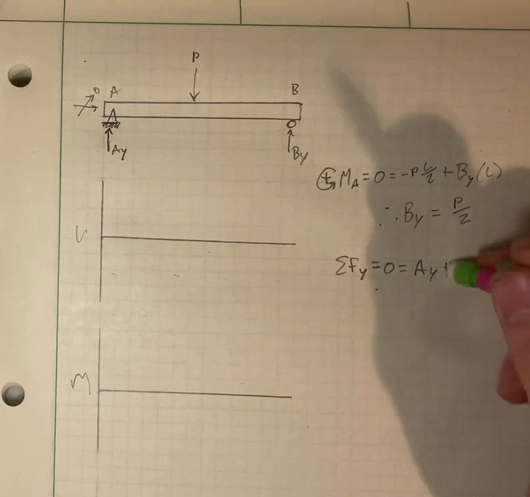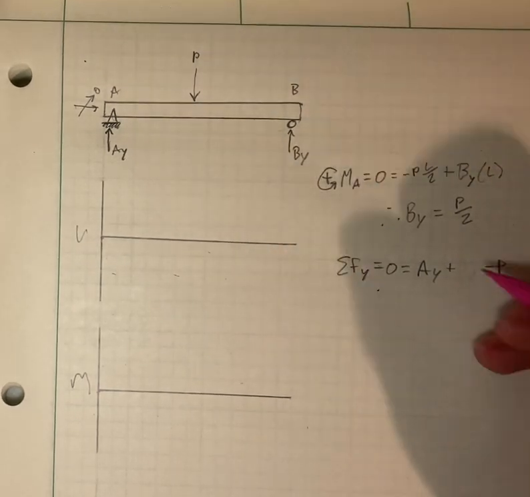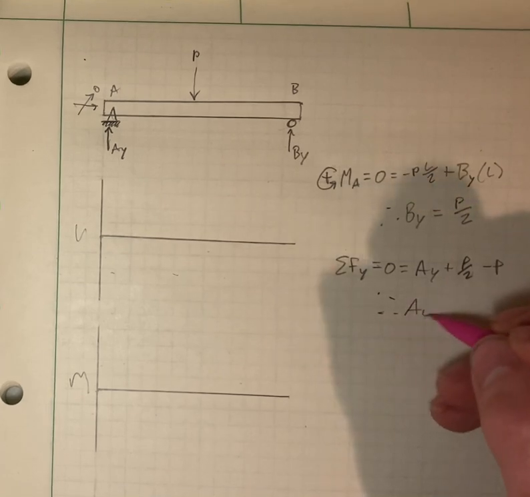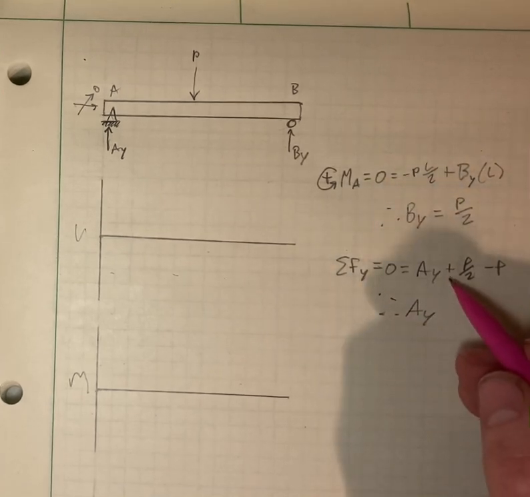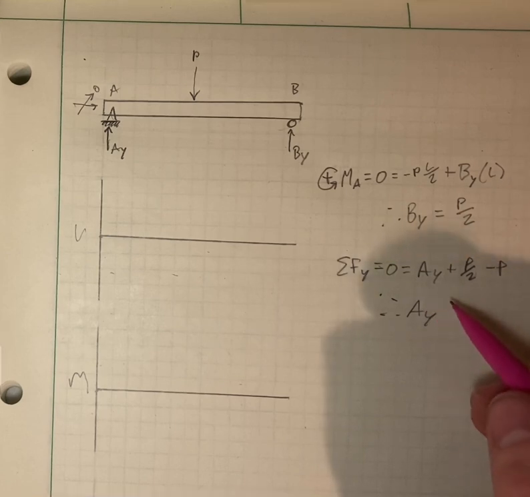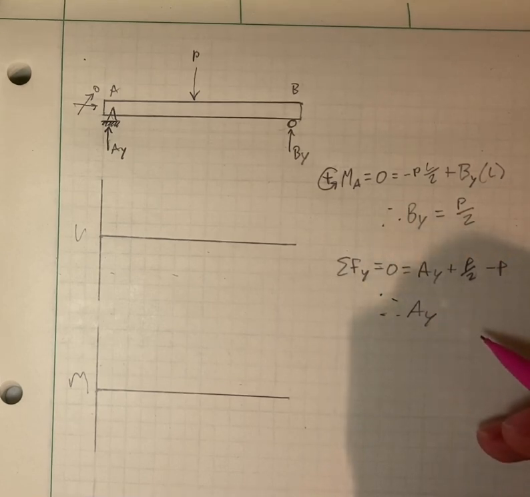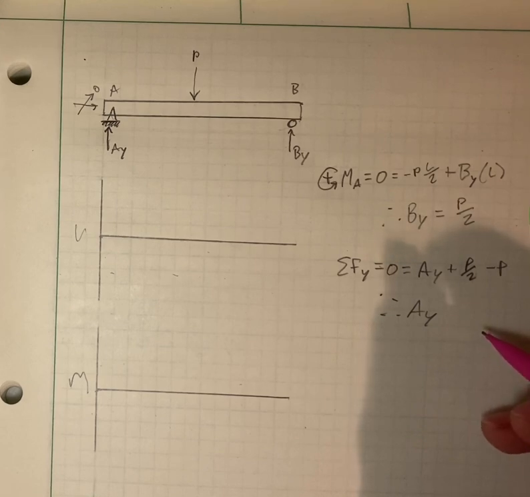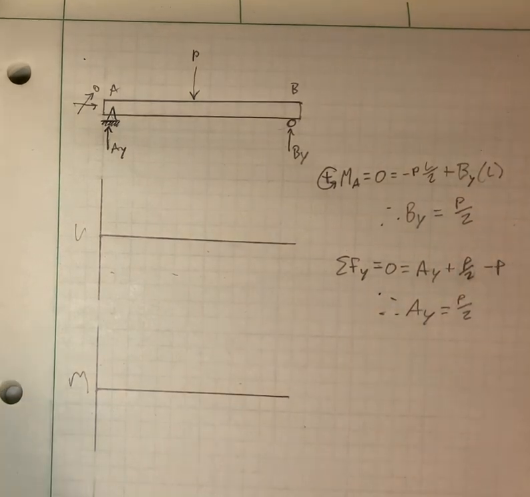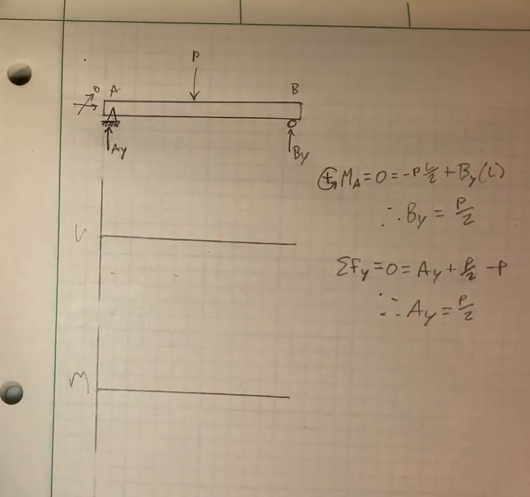And By, that was P over 2. So that makes Ay, let's see, negative P over 2 minus P would be positive P over 2, right?